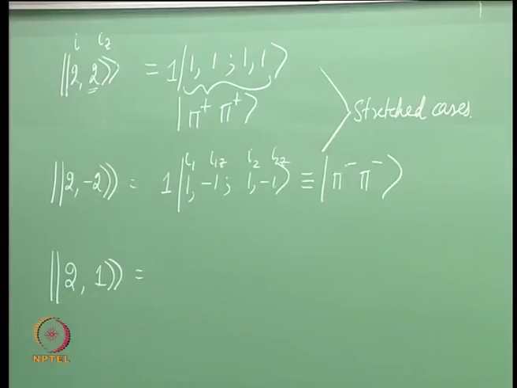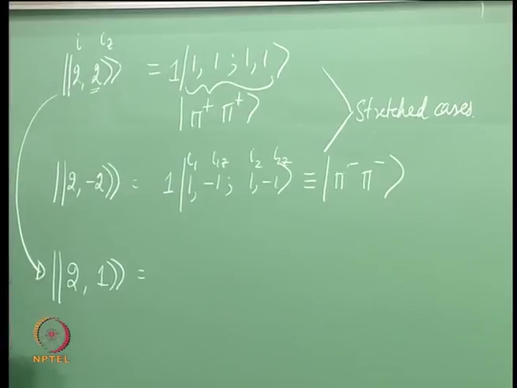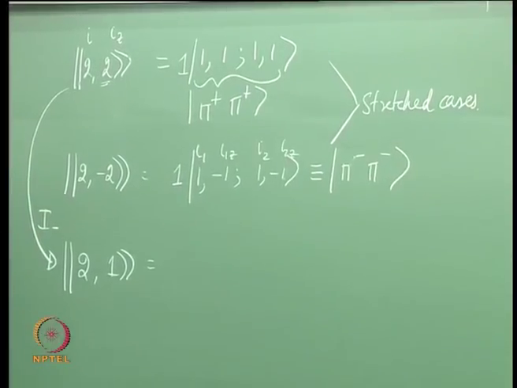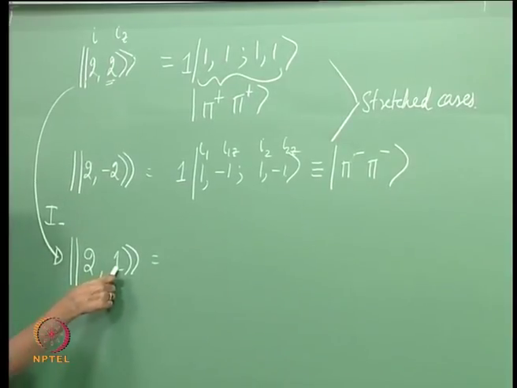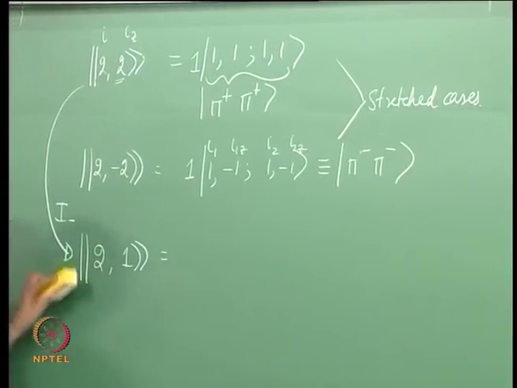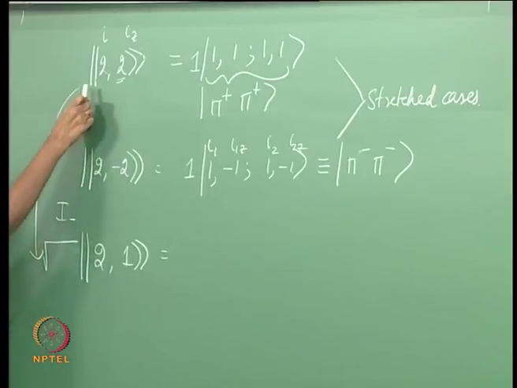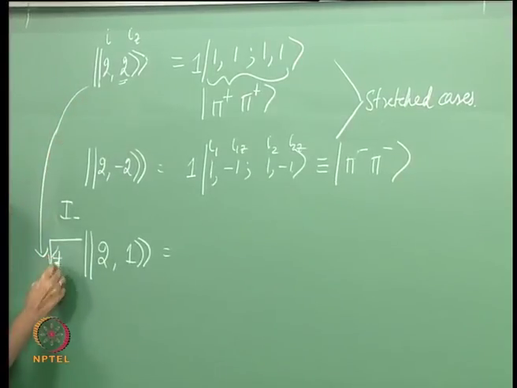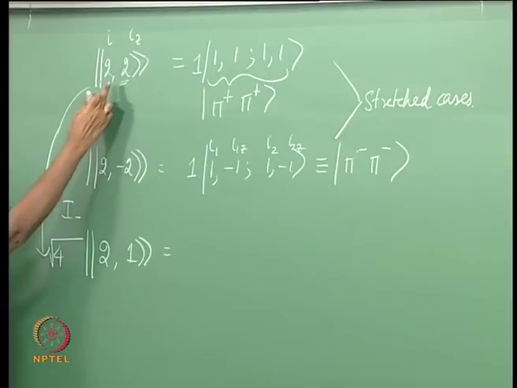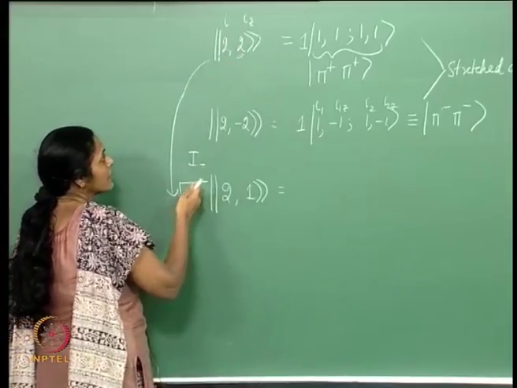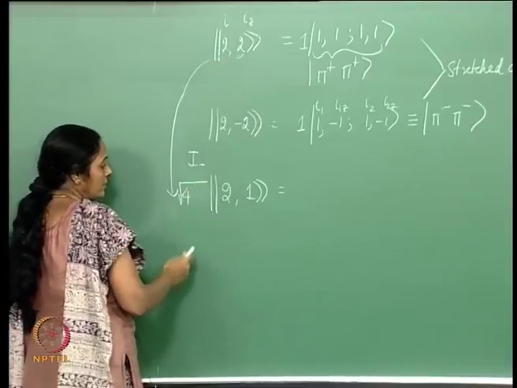So how do I get 2, 1? I can use an I minus on 2, 2. If I did that, I use the fact that the coefficient in this case would be root of I plus m times I minus m plus 1, m being Iz here. So I plus Iz times I minus Iz plus 1.